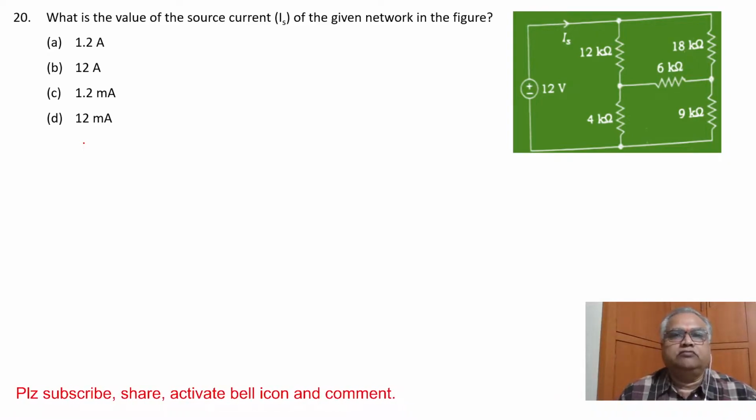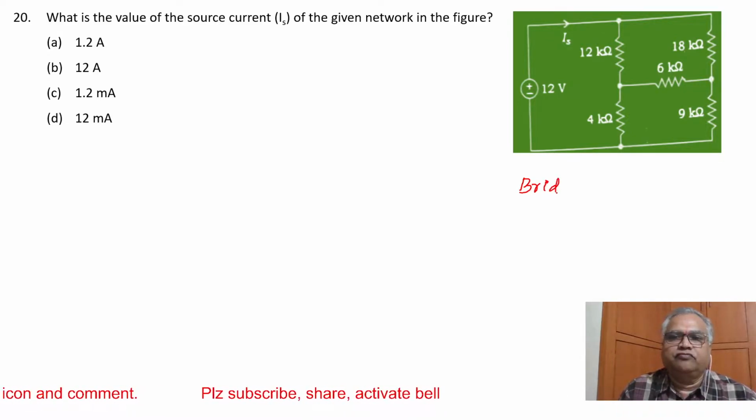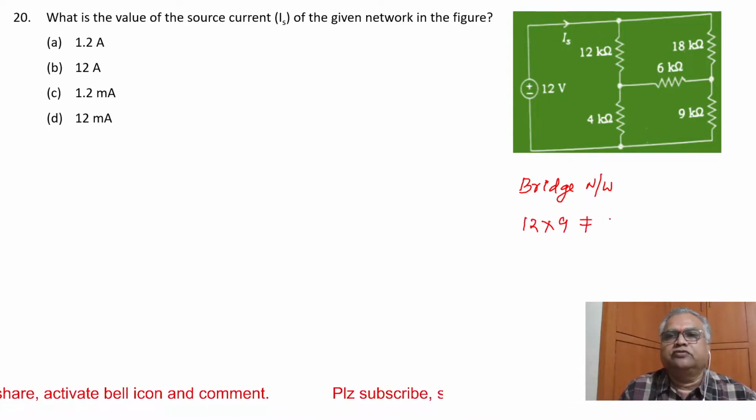So this is another interesting problem. What is the value of source current IS of the given network in the figure? Observe this problem. This will form a bridge network, and it is not balanced. 12 into 9 is not equal to 4 into 8.